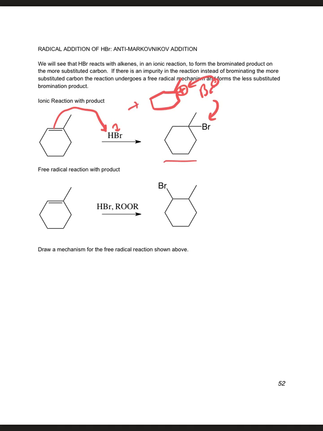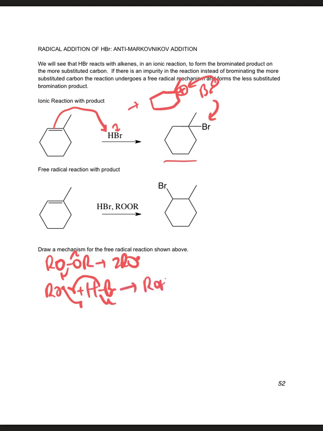In the next one, where we have HBr with a peroxide, the peroxide is the initiator. It splits apart to form two RO radicals. The RO radical is going to react with an HBr, and it's going to abstract a hydrogen off of HBr to form ROH plus a bromine radical.